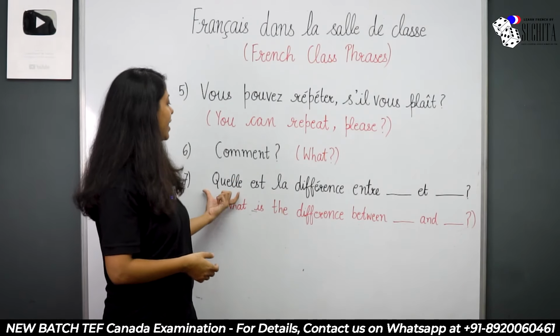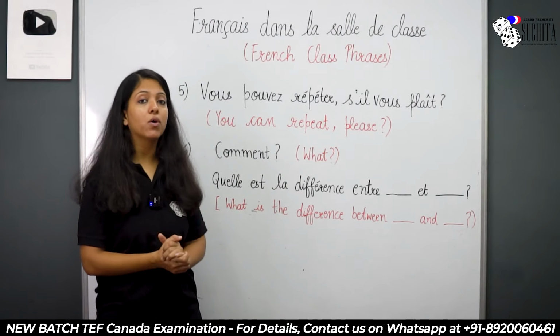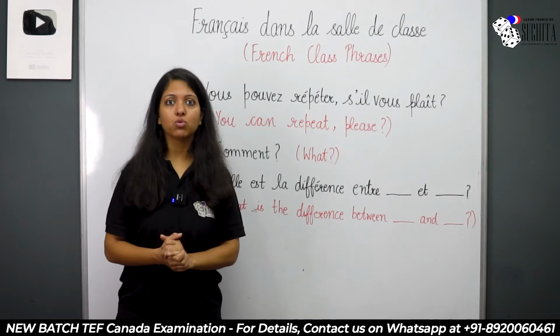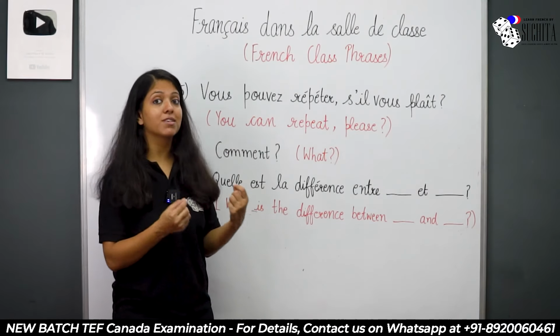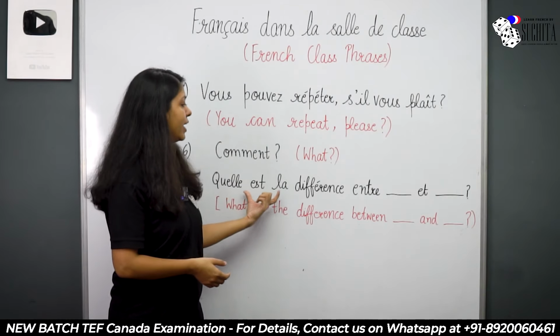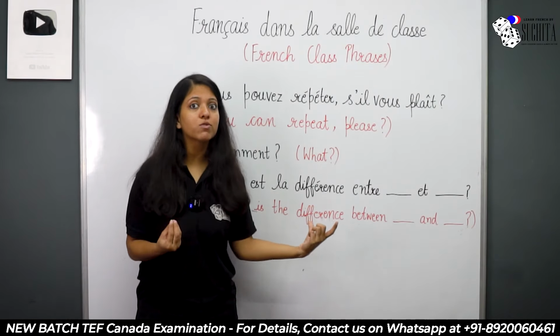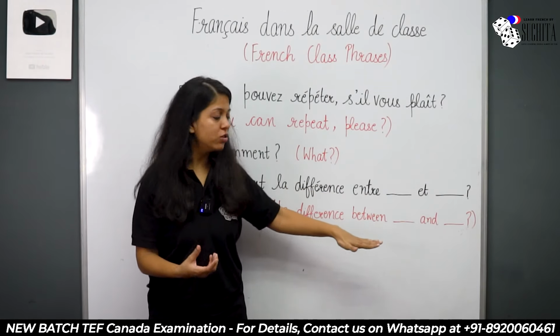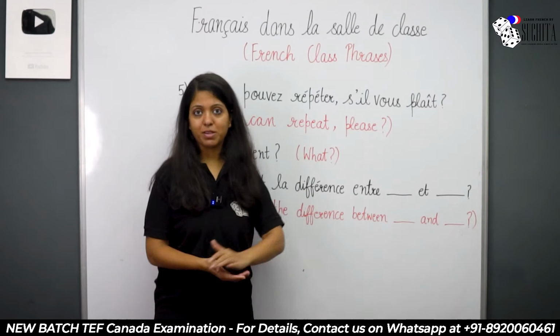The next one is, quelle est la différence entre et. Let's say there are two things and you want to know what is the difference between this and that. So you will say, quelle est la différence, différence which means difference, entre which is a preposition which means between, et which means and.